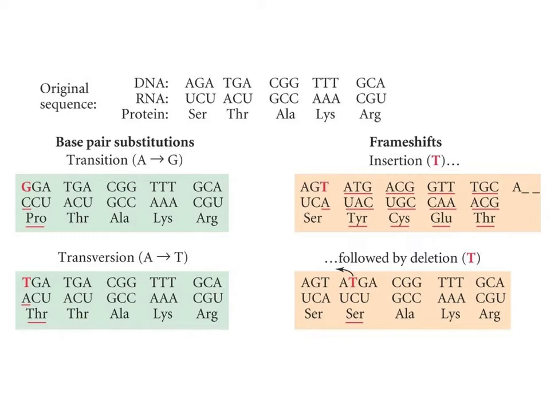Now, with frameshift mutations, you have an insertion that throws things off. Okay, it changes every single codon and every single amino acid after it. Now they went ahead and threw in a deletion afterwards, which changed things a bit, and it does revert some of those codons back to the way they should be. But from these examples, I hope that you have a pretty clear understanding of the difference between substitutions, these examples being missense substitutions, and frameshift mutations. Okay.